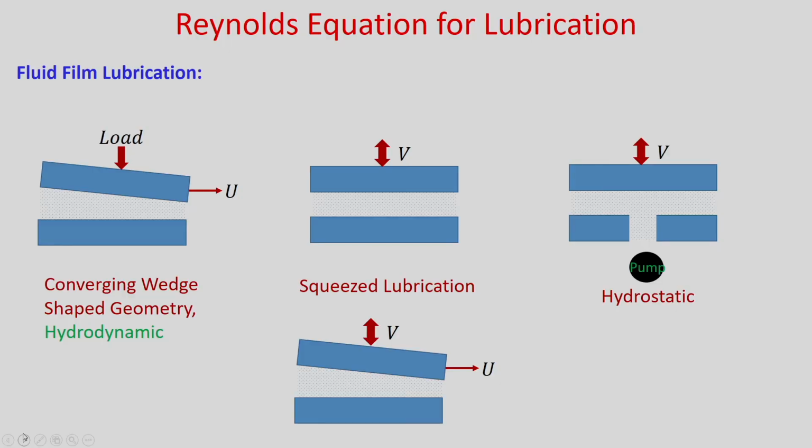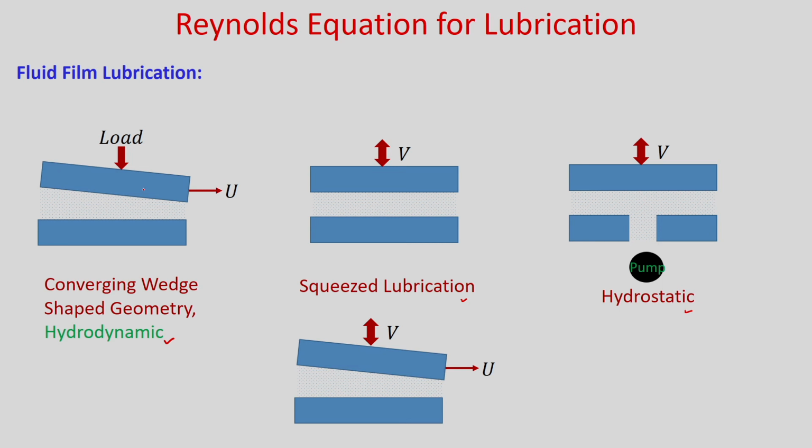So, you can see that we can classify this fluid film lubrication as hydrodynamic, squeezed film and hydrostatic. In case of hydrodynamic, you can see it is a converging wedge shaped geometry and there is an applied load and it is having the tangential velocity.